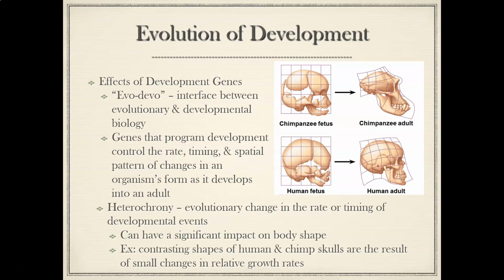And so we're looking at this idea of heterochrony, an evolutionary change in the rate or the timing of these developmental events that really seem to have a huge impact on the way that the body forms, the morphology of that adult.